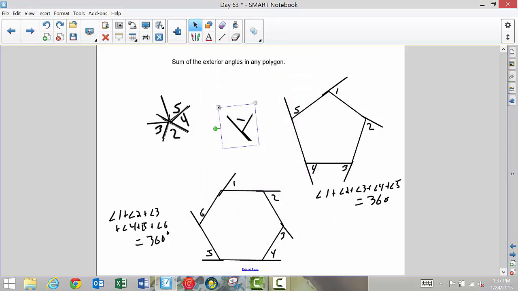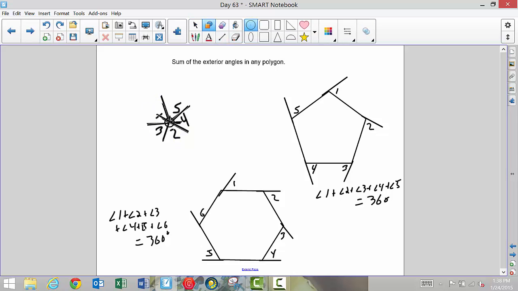If I rotate this, yep. There we go. I just constructed a circle. Here's my circle. So all 5 exterior angles add up to 360, which means they can form a circle when you join all the vertices together at a single point.